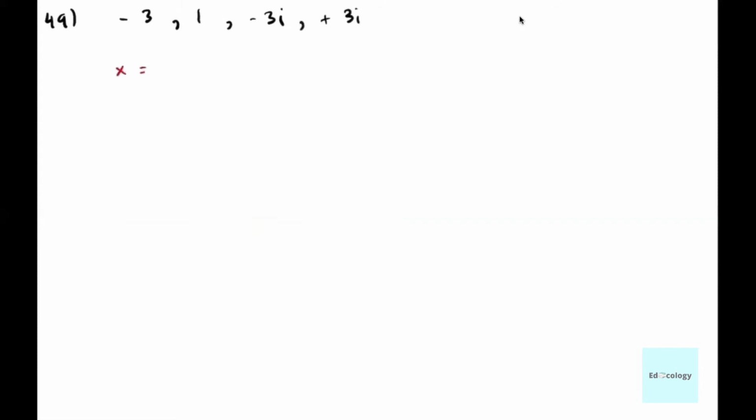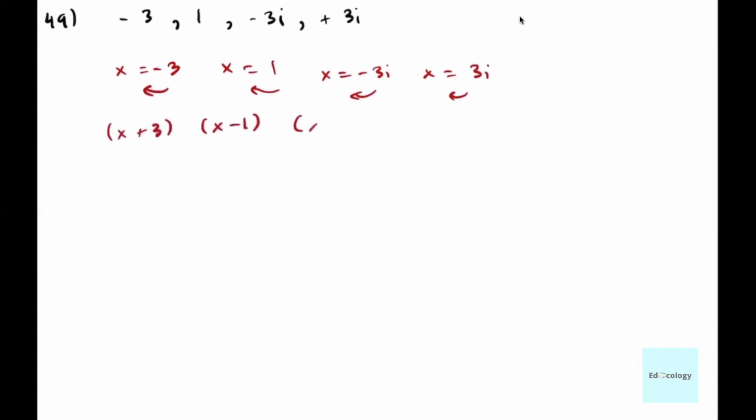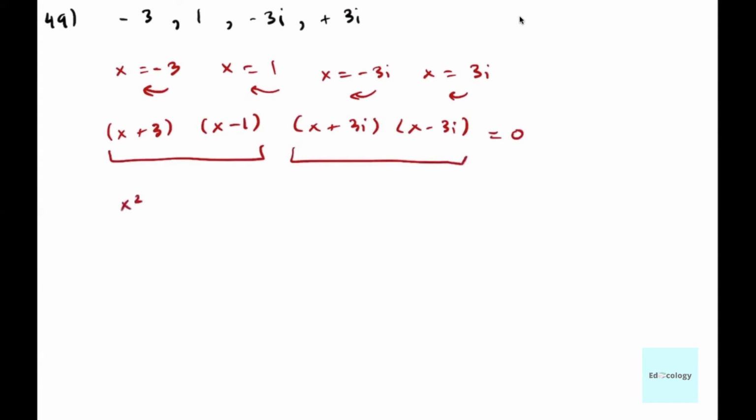So x equals negative 3, x equals 1, x equals negative 3i, and x equals 3i. You take each one to the other side, and you will get x plus 3, x minus 1, x plus 3i, and x minus 3i. Then you multiply these two together and these two together, and for the first two, you will get x squared plus 2x minus 3.